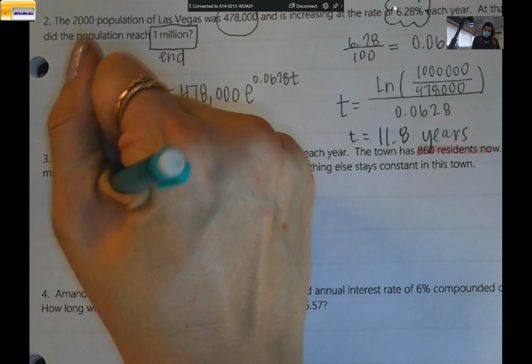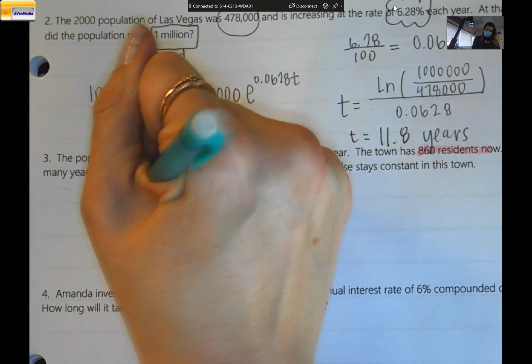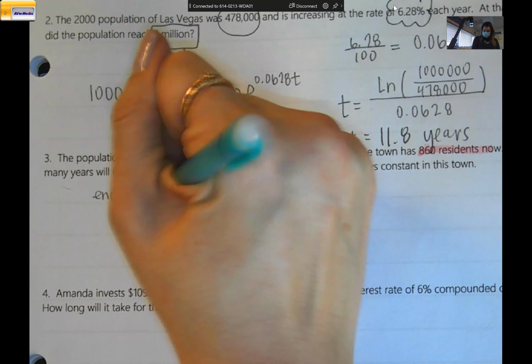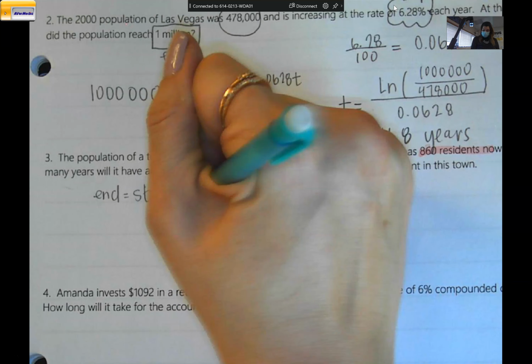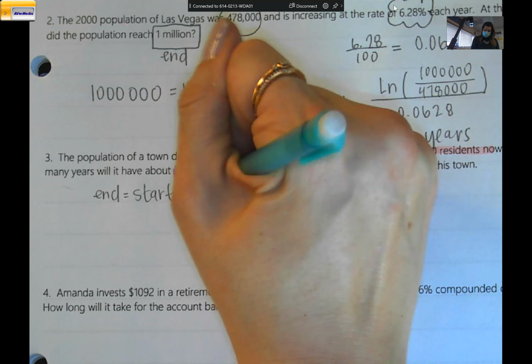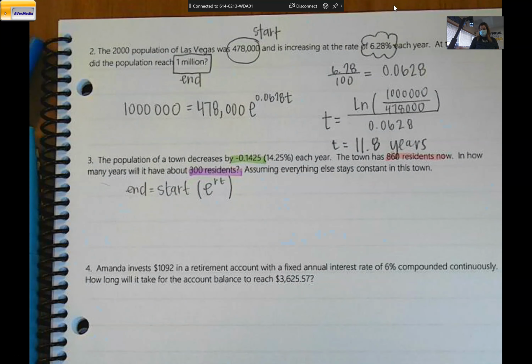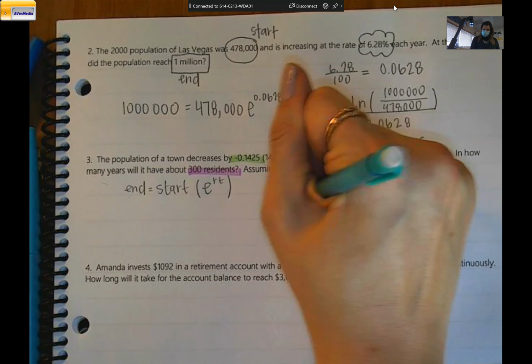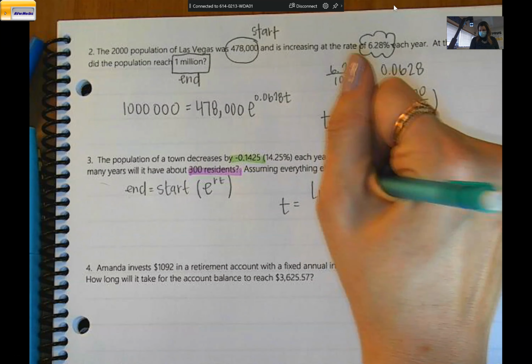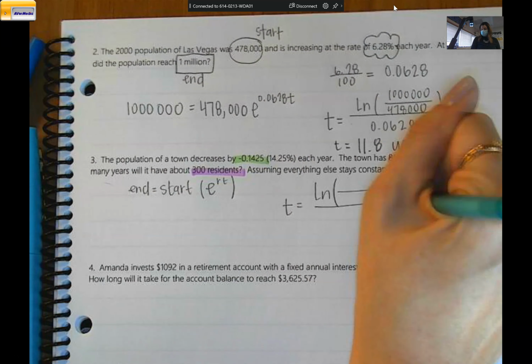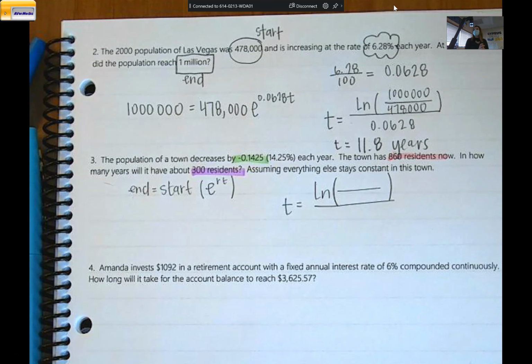So you follow the equation. The end equals the start times e to the RT. And to find t, you will have some big fraction that you plug into Desmos.